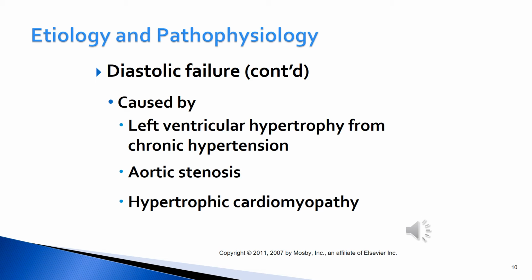Also aortic stenosis: if the arteries are tight or prevent proper blood flow, you can also have this diastolic failure. Hypertrophic cardiomyopathy, and again, that enlarged heart leaves the walls stiffened. They don't have that ability to relax and refill during diastole.